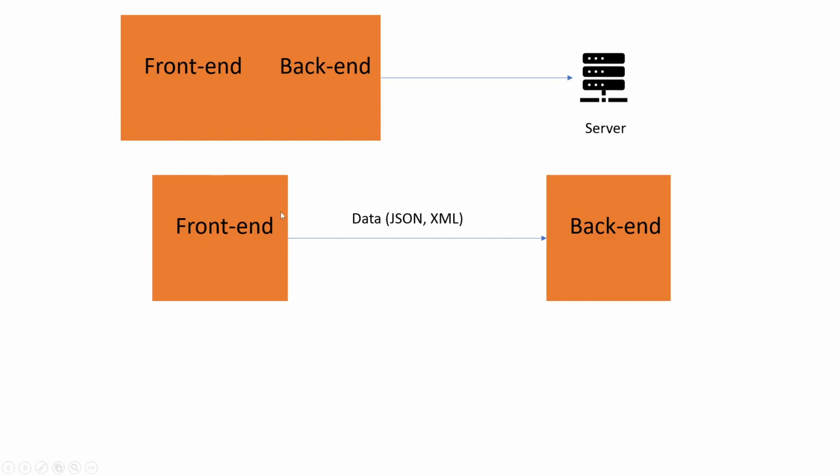The frontend and backend communicate with one another by the backend sending data to the frontend, and the frontend sending data to the backend, using particular formats. JSON, which stands for JavaScript Object Notation, and XML, which stands for Extensible Markup Language. The most common way that data is sent is using JSON.